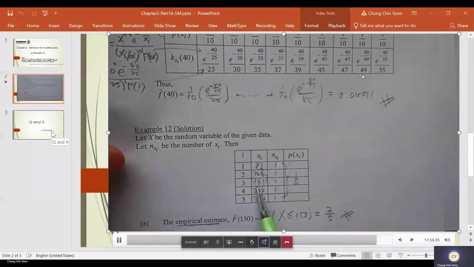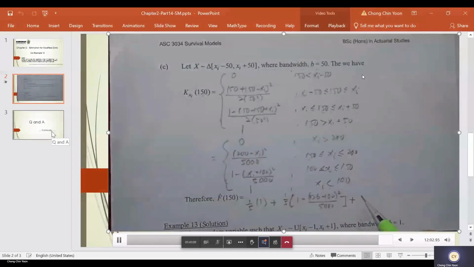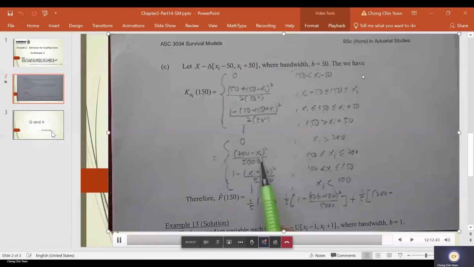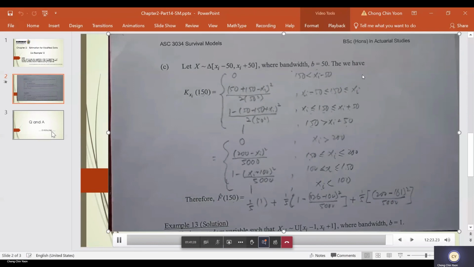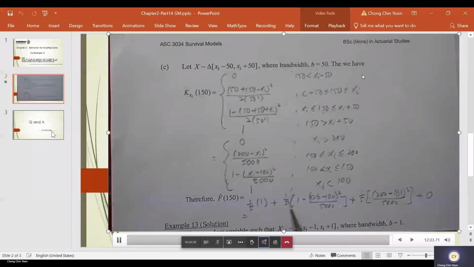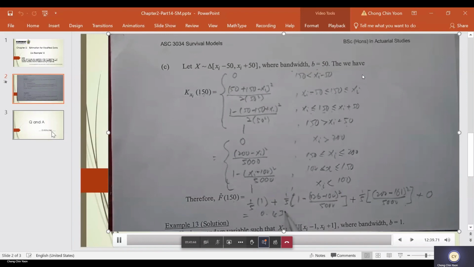Again I take this probability times 200 minus 161, squared, divided by 5,000. Whatever value is more than 200, the k value is 0, so this is 0. Simplifying this, I will have 0.4338.